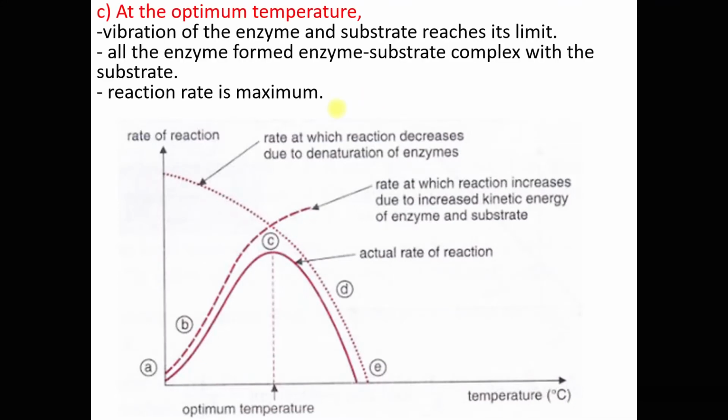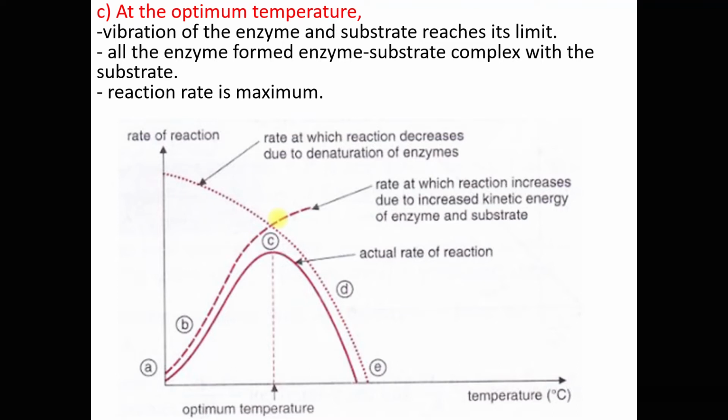Now at the optimum temperature, which is at the inflection point, at the peak of this graph, what happens here is that the vibration of the enzyme and substrate reaches its limit. Because when enzyme and substrate have kinetic energy, there is a limit on how these molecules will vibrate.